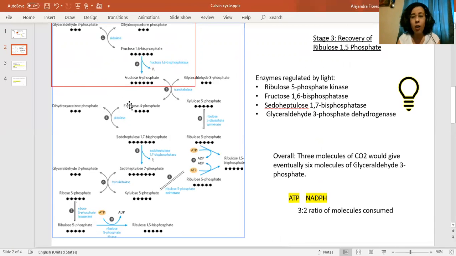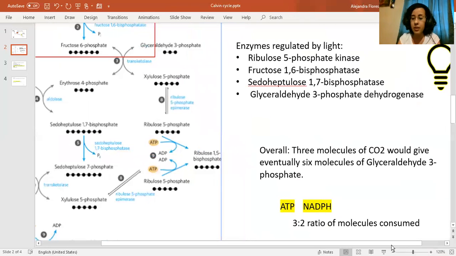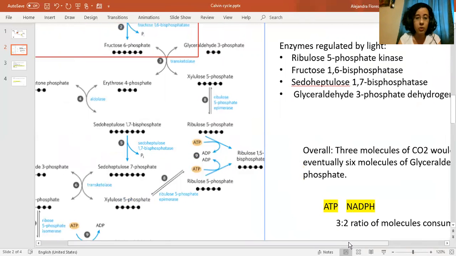However, it's not the entire pentose phosphate pathway, because the pentose phosphate pathway had two different types of stages as well. These will be the non-oxidative reactions. And we see familiar enzymes. Let me get a closer look.